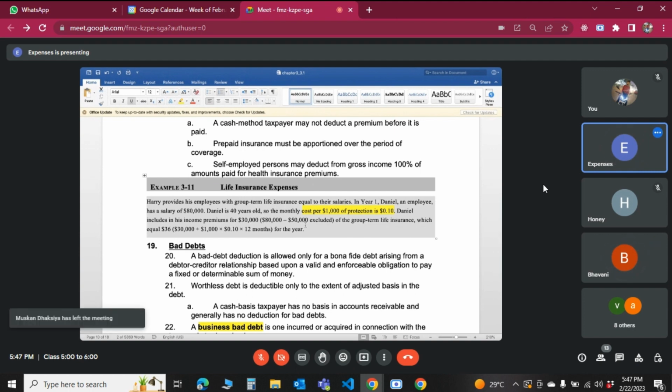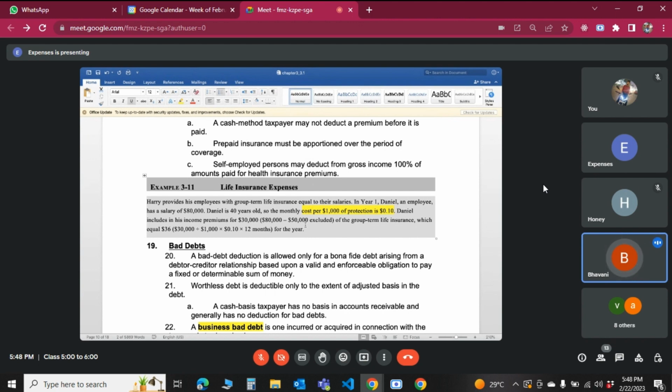Yes, ma'am. Life insurance expenses. Harry provides his employees with group term life insurance equal to their salaries. In year one, Daniel, an employee, has a salary of $80,000. Daniel is 40 years old.